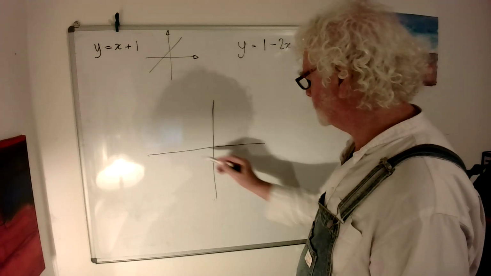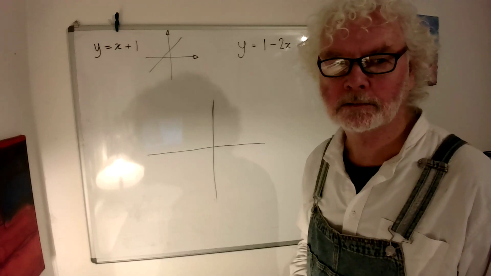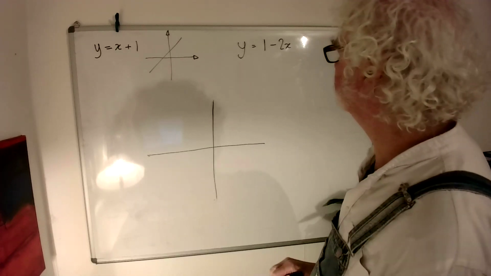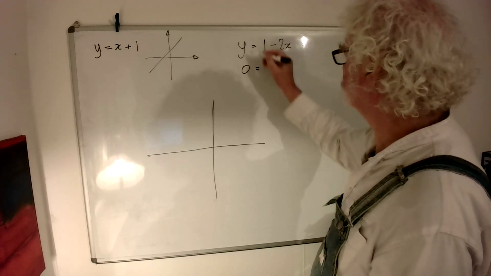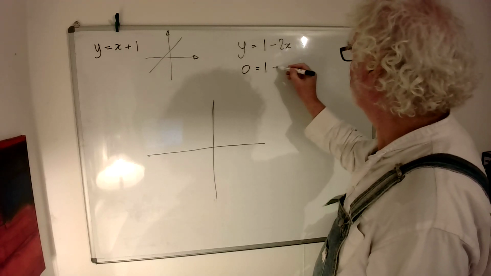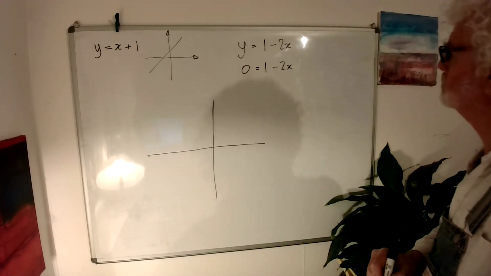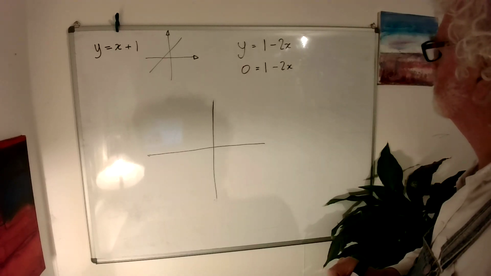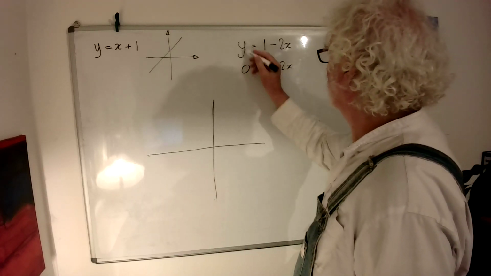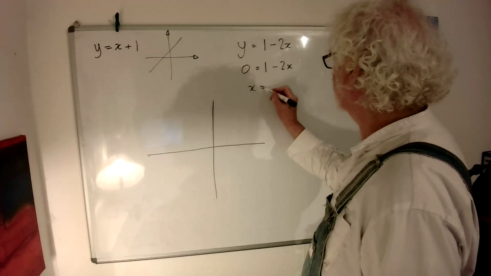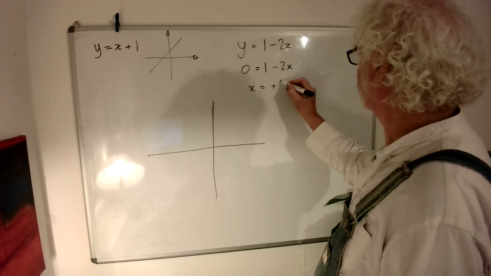That means that when y equals 0, it's somewhere on the x-axis. So 0 equals 1 minus 2x. So I think that means that when y is 0, x equals plus a half.